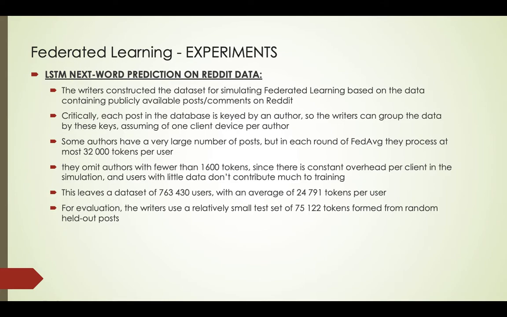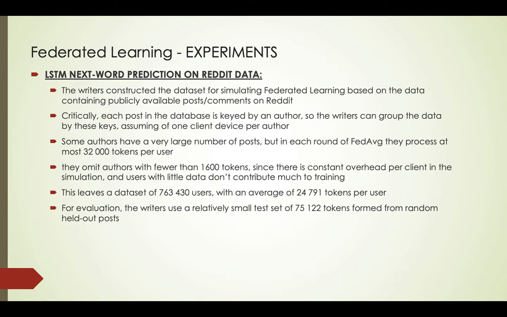Some authors have a very large number of posts, but in each round of federated averaging, they process at most 32,000 tokens per user. They omit authors with fewer than 1,600 tokens, since there's constant overhead per client, and the simulated end users with little data don't contribute much to training.